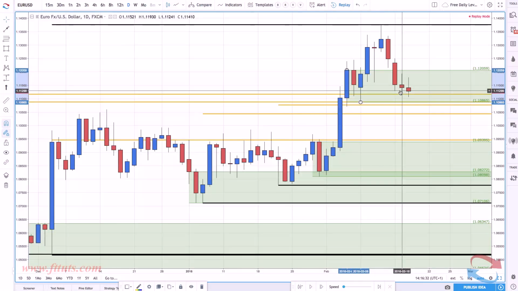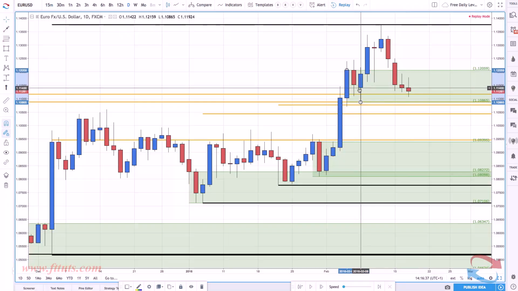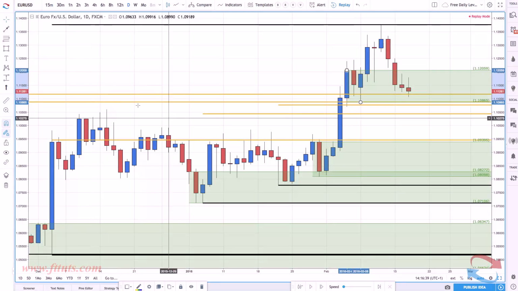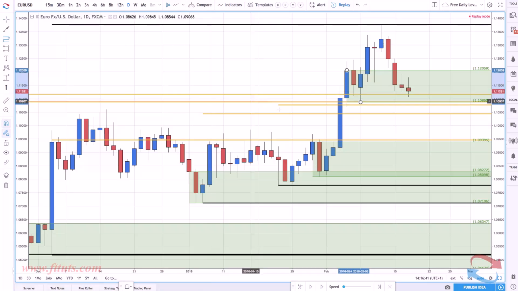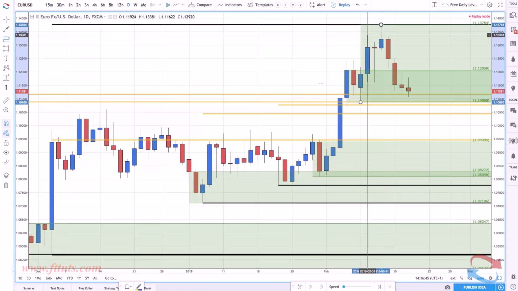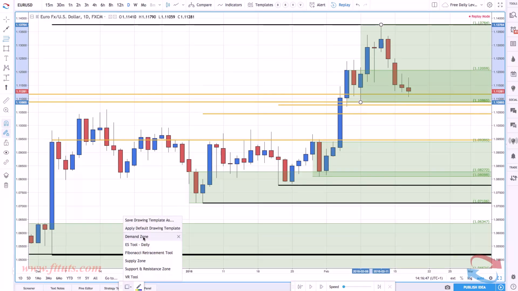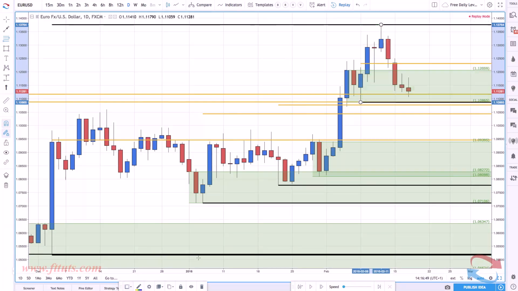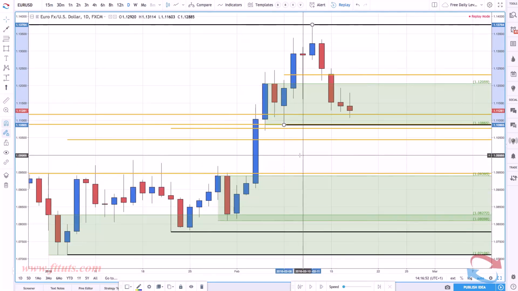So know that you're buying at fair value, potentially the first area of fair value, but you're also buying at what could potentially be a cheap area if we're looking at this low to this high, and that also becoming a value range.